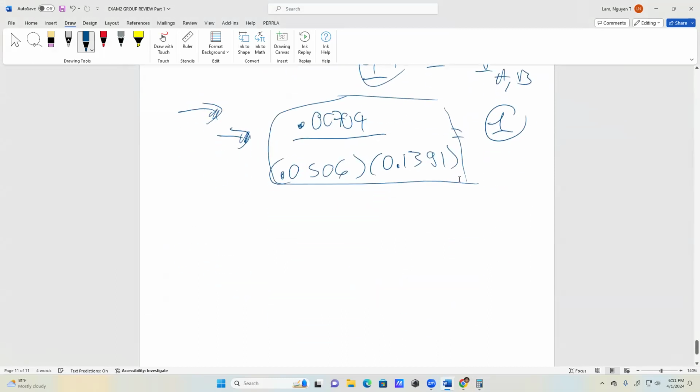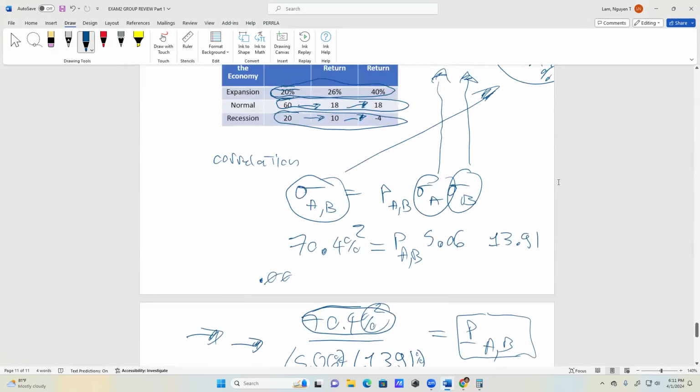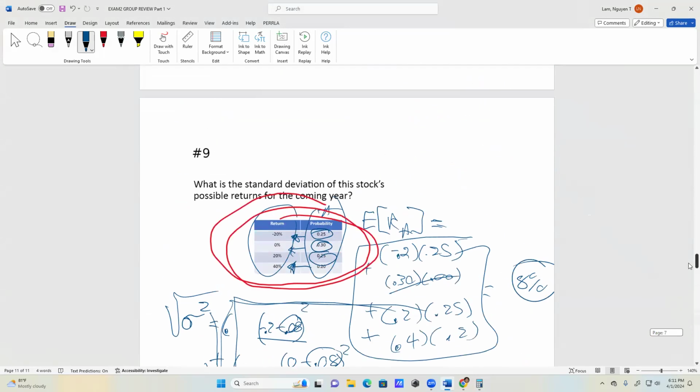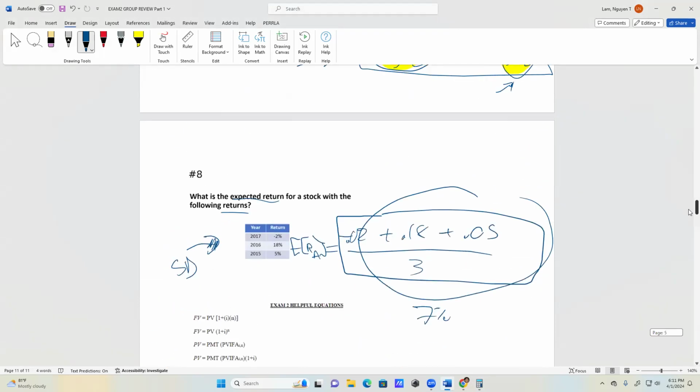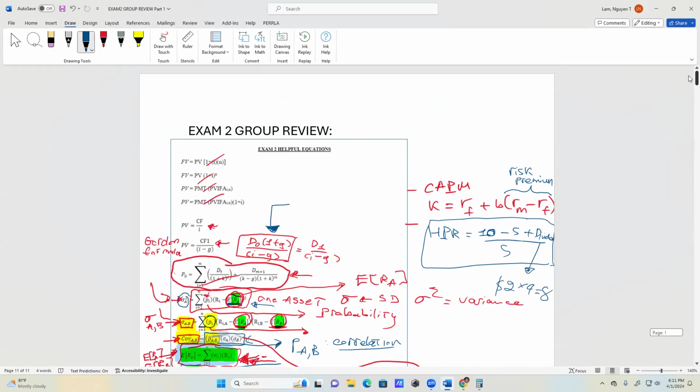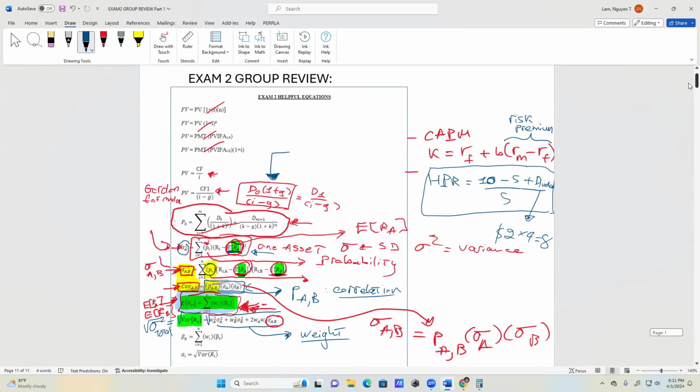All right, and I think that concludes everything. One last thing, remember, the capital gain is not included.